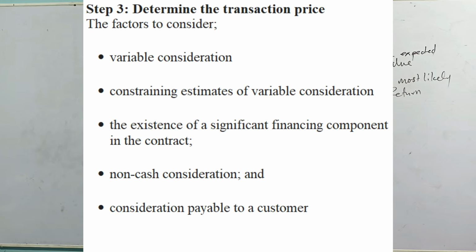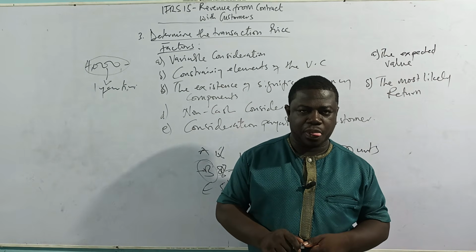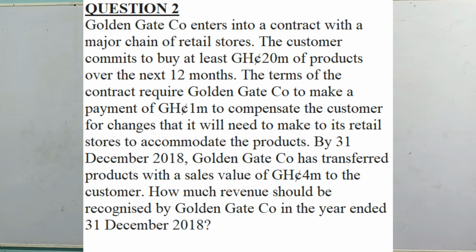Constraining the estimate of variable consideration. The existence of a significant financing component in the contract. Non-cash consideration and consideration payable to a customer. These are the 5. So I'm going to solve a question with you right now, and then we would know what next to do. Okay, so let's look at this question together.